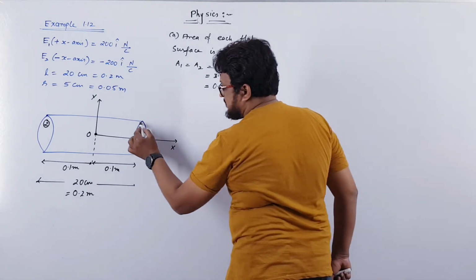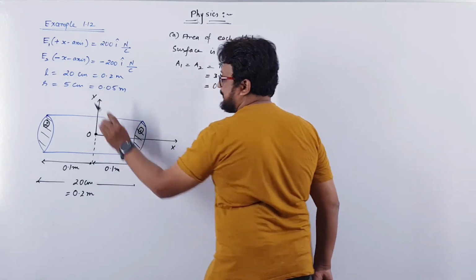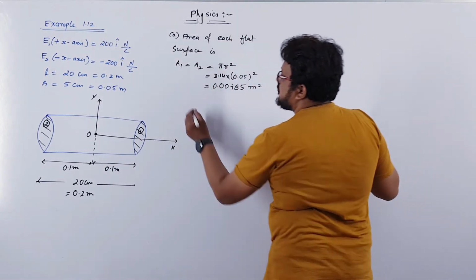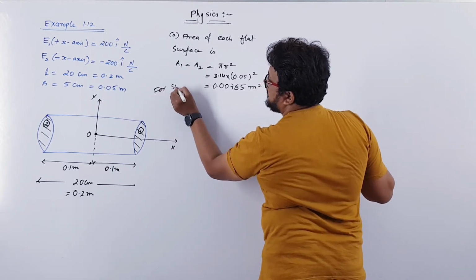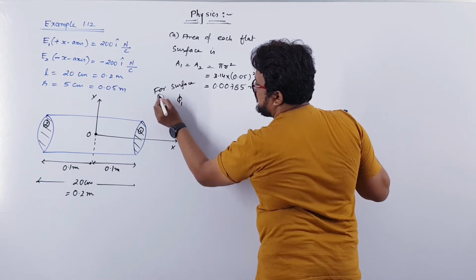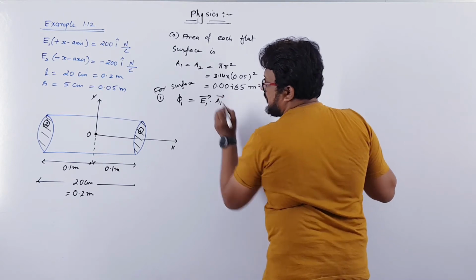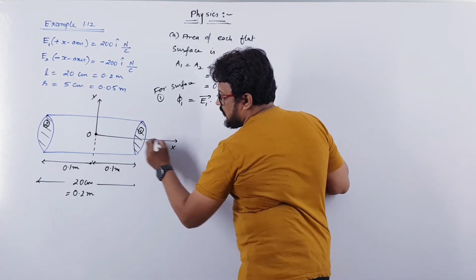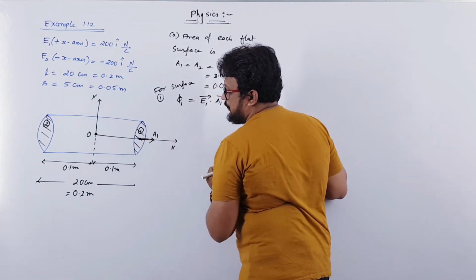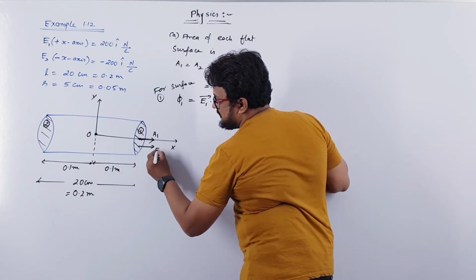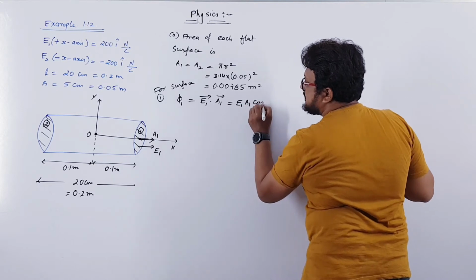Flat surface means this surface, and these are the 2 flat surfaces, and this is the curved surface, right? So flux phi 1 for flat surface 1 will be equal to vector E1 dot A1. Now for this surface, obviously the area will be in this direction, perpendicular to the surface. So this will be the area A1, and the electric field is also in the same direction. So you can write E1 A1 cos 0.